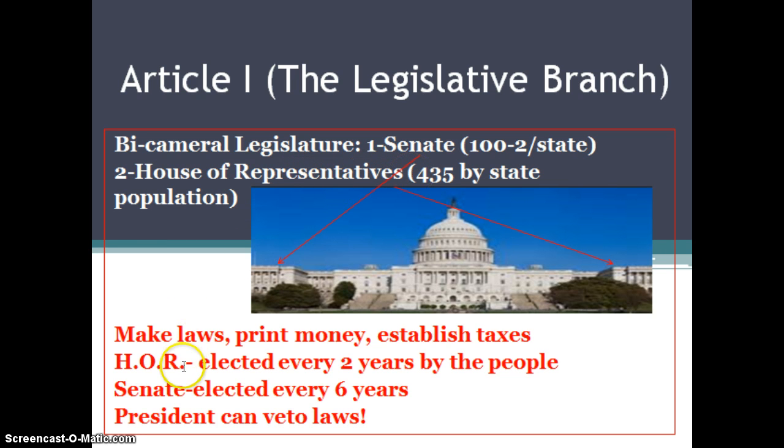The House of Representatives is elected every 2 years, and the Senate is elected every 6 years. And as part of our checks and balances, which we will go over in future discussions, notice the President has the power to veto any law that the Senate and the House of Representatives both pass on to become an official law. So the President does have oversight over Congress in terms of veto.